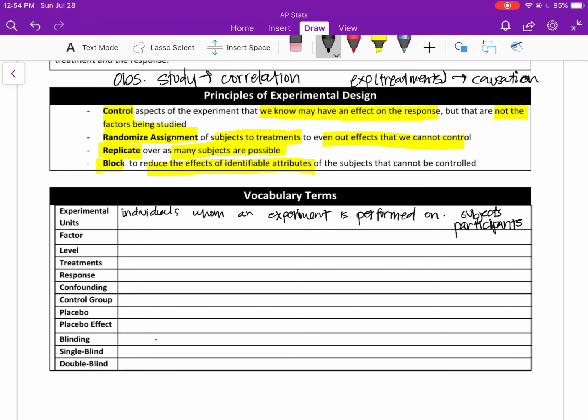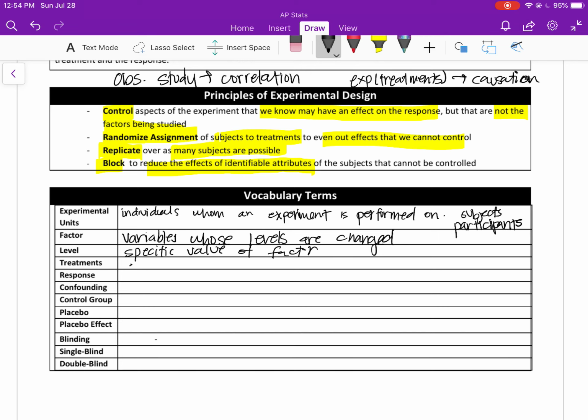Factors are variables whose levels are changed. So this could be the amount of exercise someone does. The exercise is the factor, the amount is the level. So 30 minutes is a level, 50 minutes is a level, and so on and so forth. A level is, like I just said, a specific value of a factor.